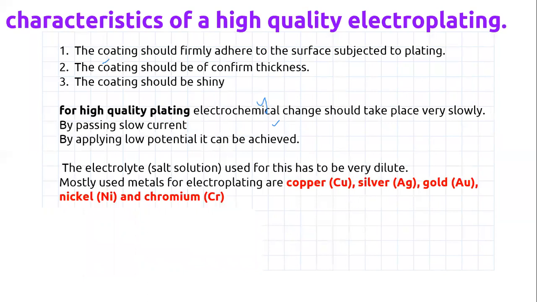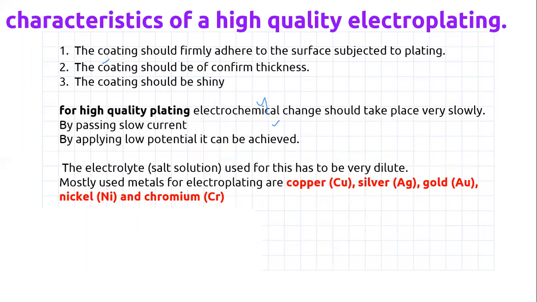First one, the coating should firmly adhere to the surface subjected to plating. The coating should be of firm thickness. The coating should be shiny. Also, for high quality plating, the electrochemical change should take place very slowly. And the second one, by passing a very slow current, you can do a high quality plating.